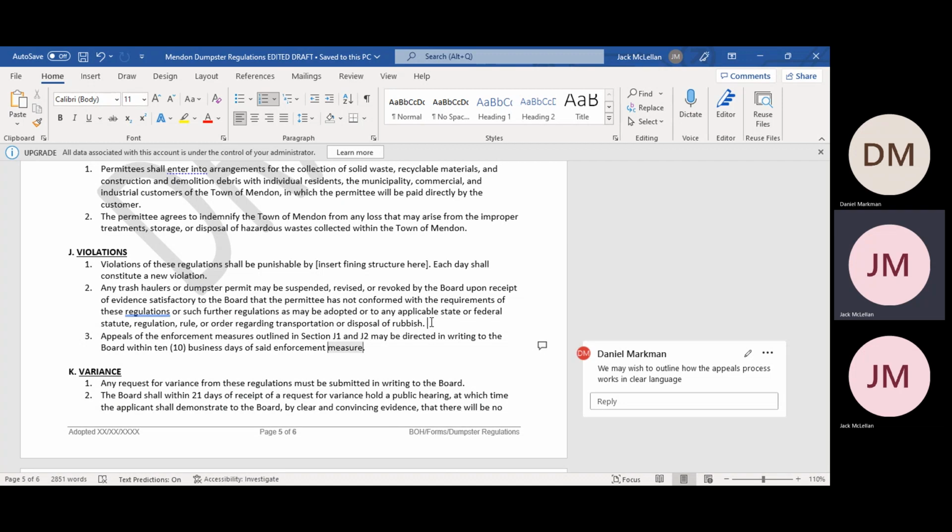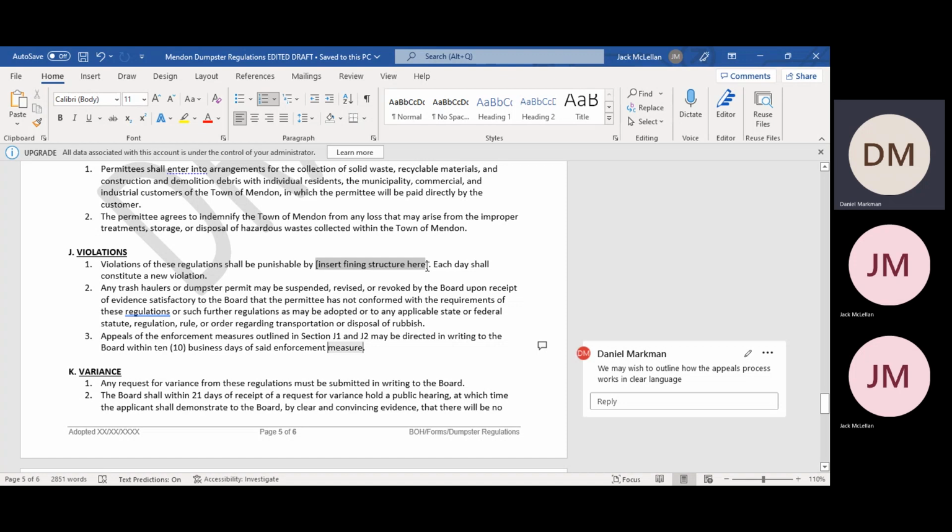And it's $100 every day. So I don't think what we're proposing here is unreasonable, and I think it's enough that it should get the trash haulers' attention. And then again, we are covered because we have the ability at any time to say it's revoked or suspended. See you later, bye-bye. So I'm good with the violation section.